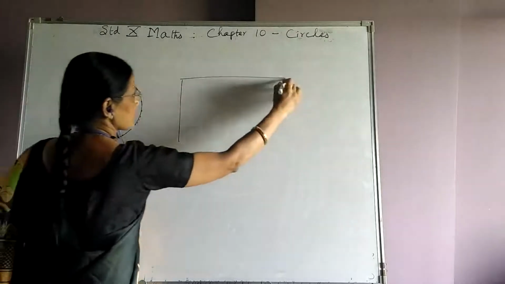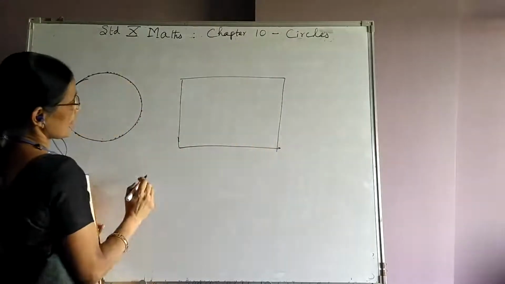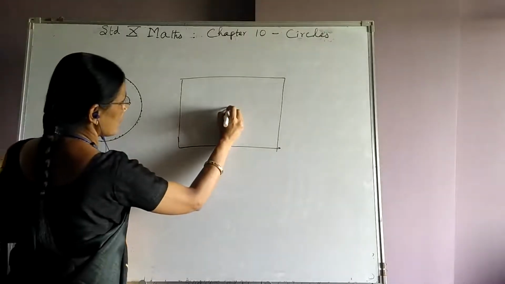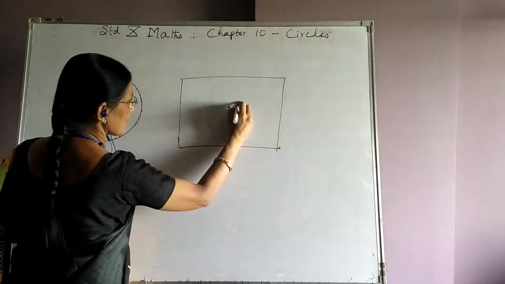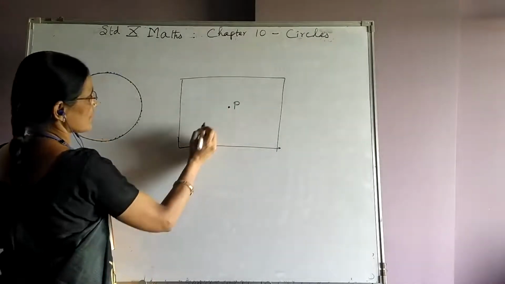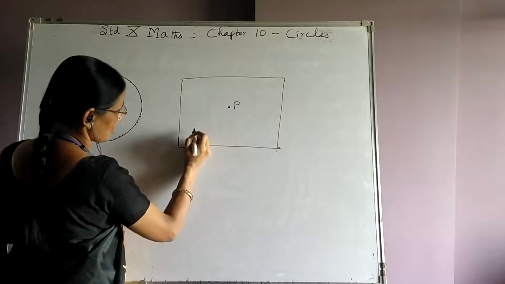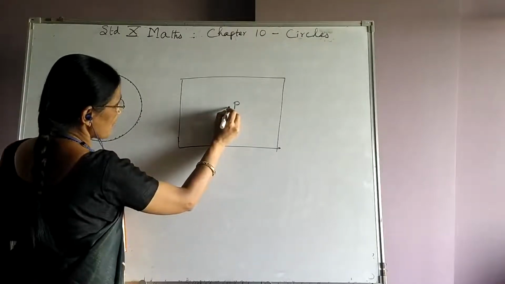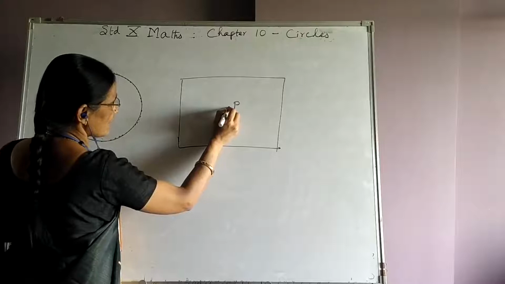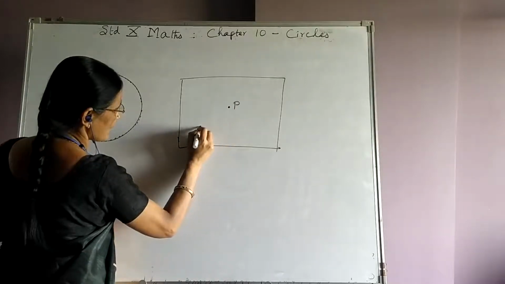Consider a plane. So I have drawn a plane. In that plane I have taken a fixed point, say it is P. From P, at a fixed distance, I choose a real number, say 4.8. So from P I take a point which is at a distance of 4.8 centimeter.